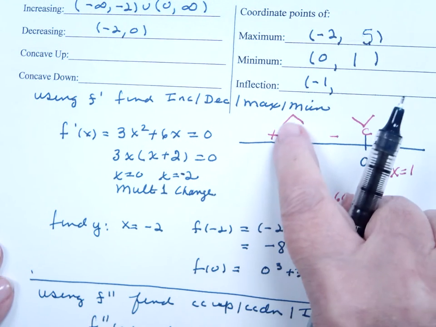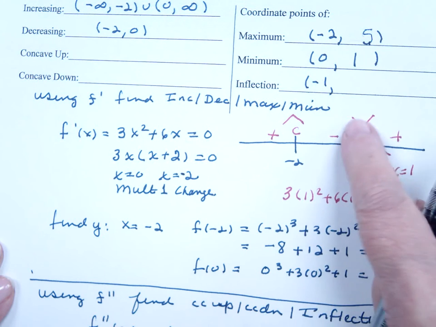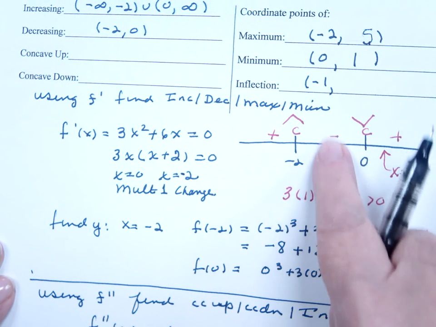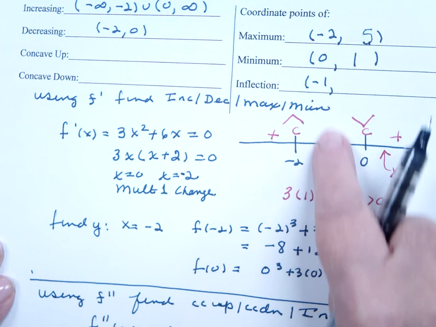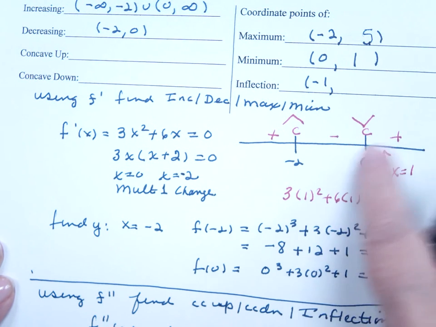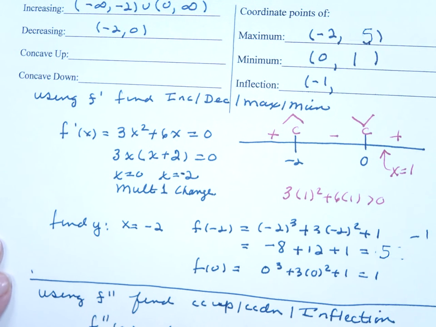It's got to be concave down at negative 2, and then concave up at 0. The inflection point is right in here. So it's got to be concave down until you hit negative 1, and then concave up after negative 1. Because you've got a maximum followed by a minimum.